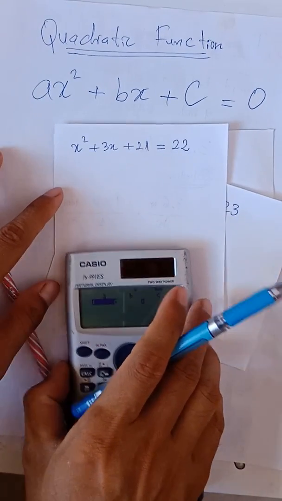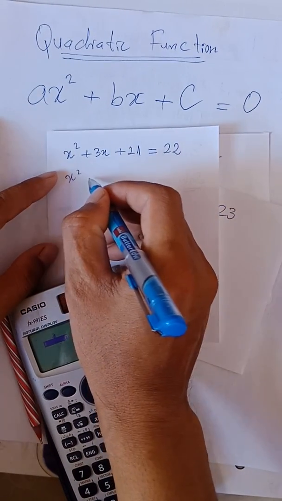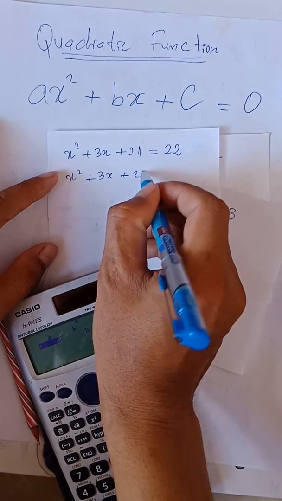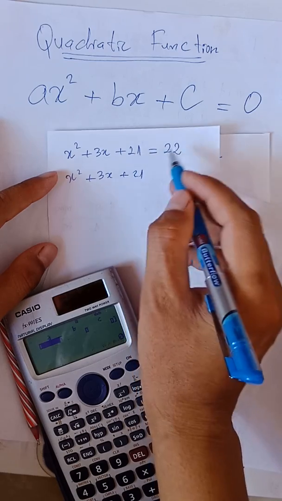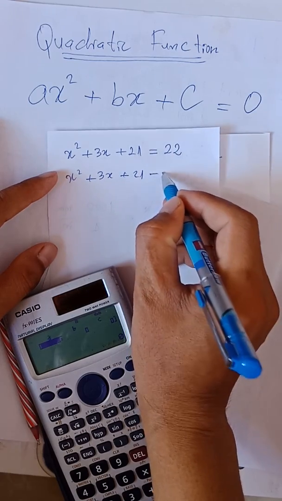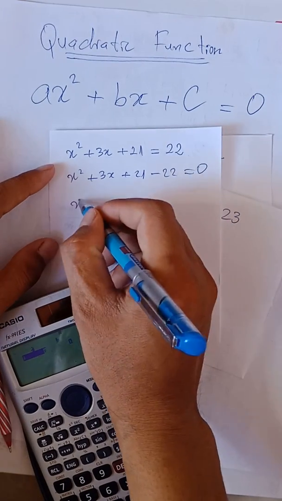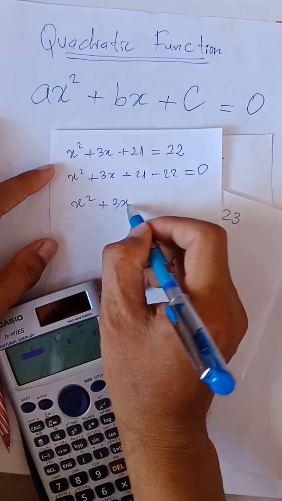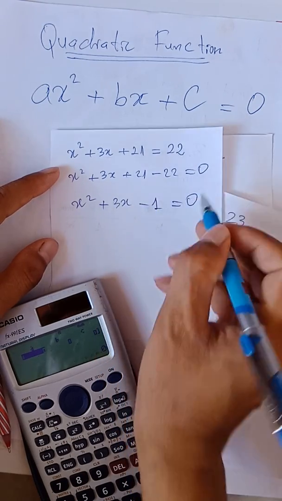So let me do the simplifying first. You will have x squared plus 3x plus 21. Now when you transpose, move 22 to the left hand side, the sign changes. You have 21 minus 22 equal to 0. So you have x squared plus 3x minus 1 equal to 0.